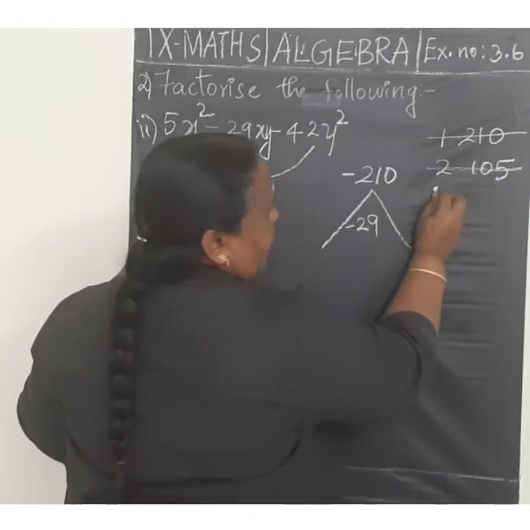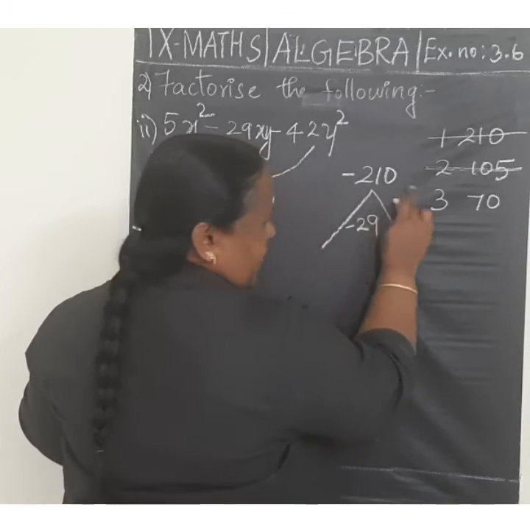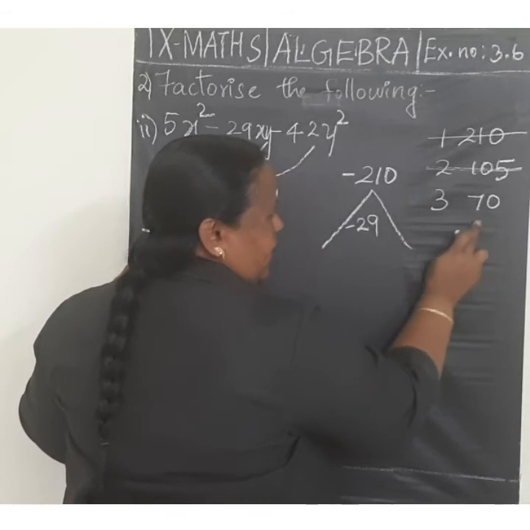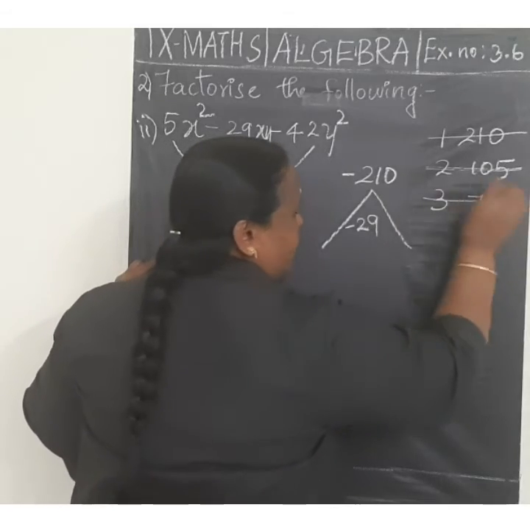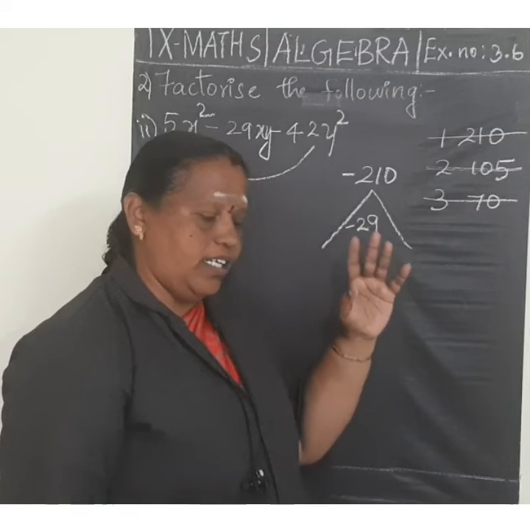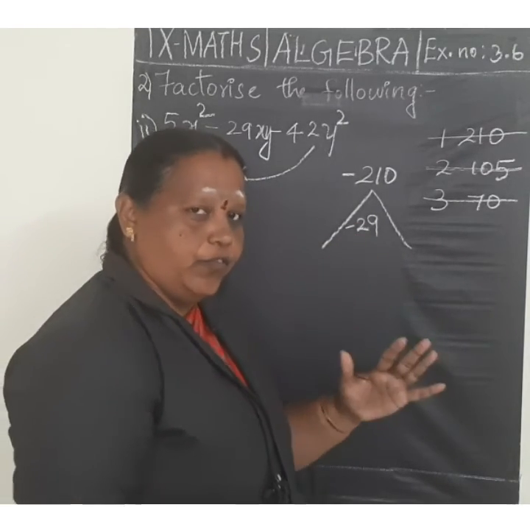Next we will go for the third table. Third table, 3 times 70 is 210. If we add this one, 3 and 70, we will be getting 73. Then 70 minus 3 will be getting 67. We are not getting this 29. So we can't go for this 3 and 70. Next, fourth table, not 210 there. Next we will go for the fifth table.